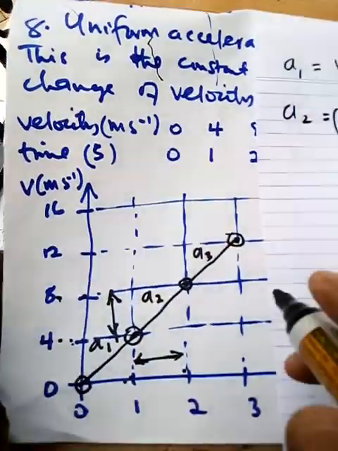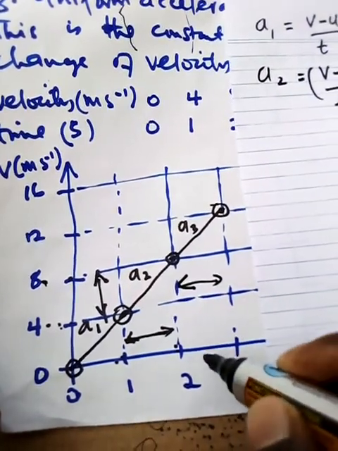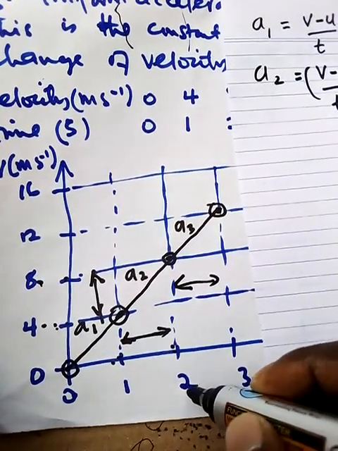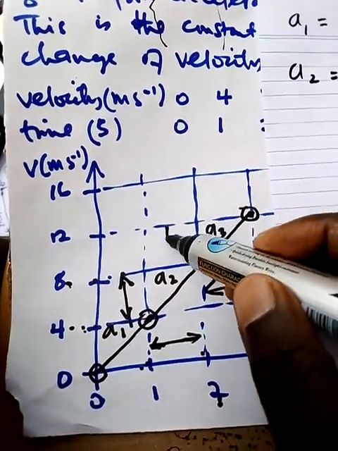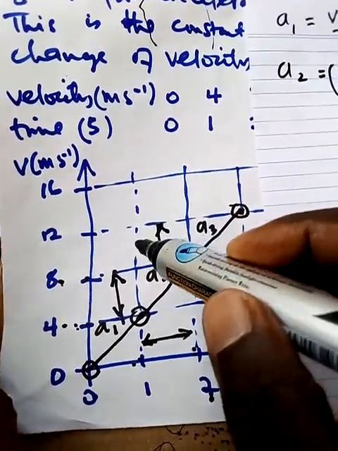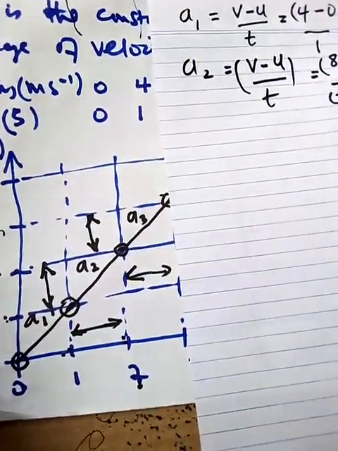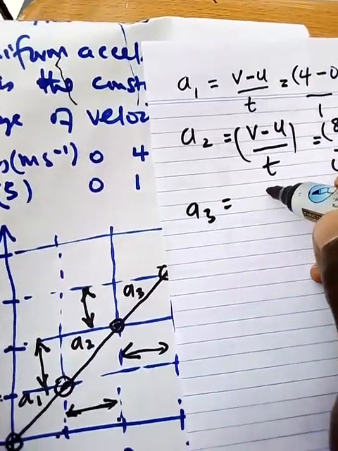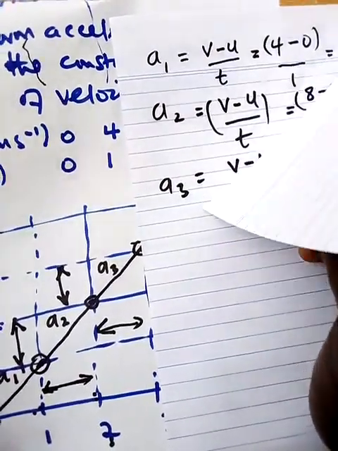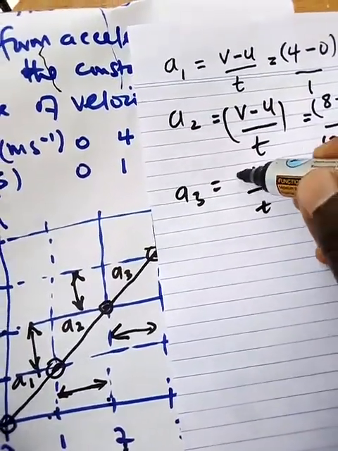Then A3. For the time interval, it is 3 minus 2, and for the velocity interval we are talking about 12 and 8. So acceleration A3 is equal to still final velocity minus initial velocity divided by time taken.